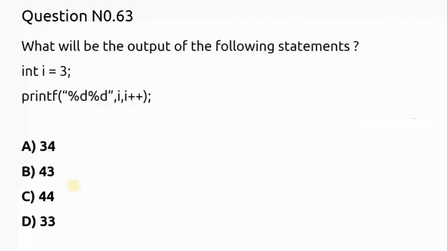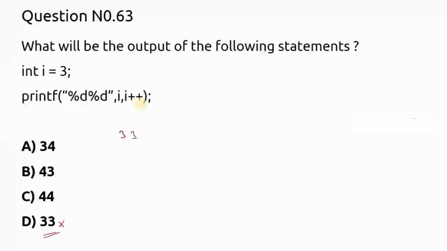Now coming to the next question. I value is given as 3. Here it is printing. We generally feel that I equals 3, then I plus plus. Anyway 3 will be printed, then incremented. So 3 comma 3, we feel that 3 is the right answer, but this is wrong. Why? Because if you see this, here you have post increment operation.